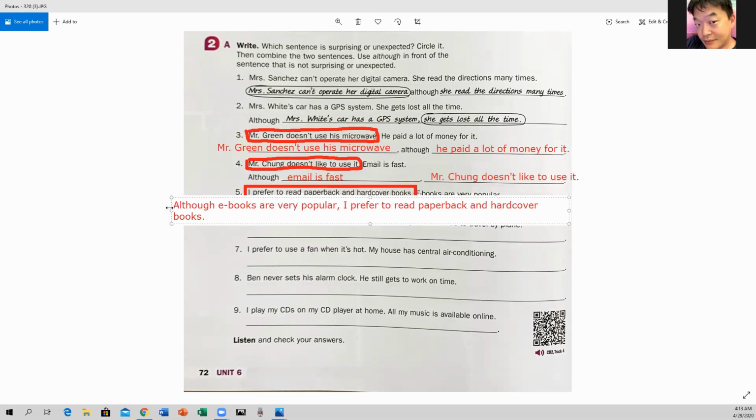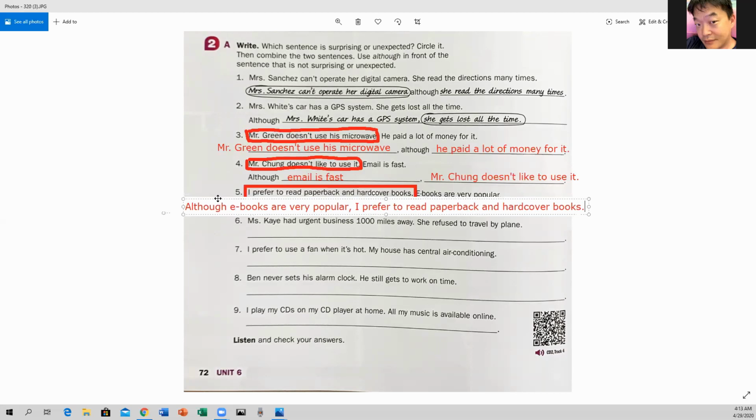It's a long sentence. Okay. Although ebooks are very popular, I prefer to read paperback and hardcover books.